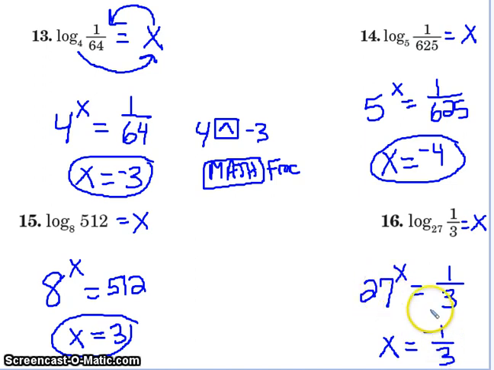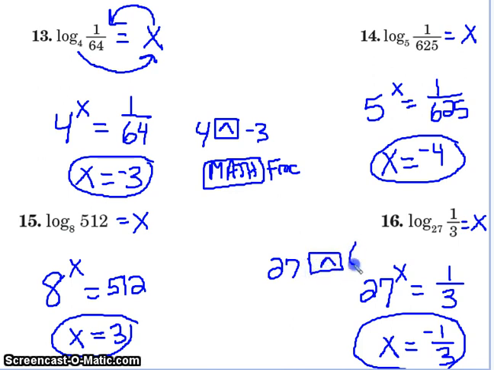The third root of 27 is going to give us 3. If you want to check, pause this video and you can put it in your calculator. Just make sure when you put 27 in your calculator with the to-the-power key that you put parentheses around that -1 divided by 3.